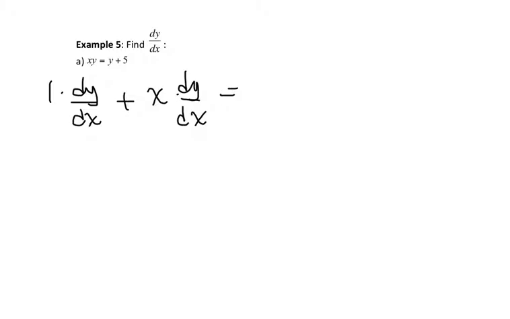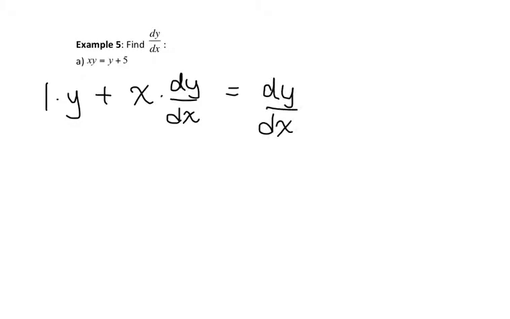Sorry, let me start over here. Okay, so product rule, derivative of x with respect to x is 1 times y plus x times derivative of y with respect to x equals derivative of y with respect to x plus 0. Too big of an eraser.